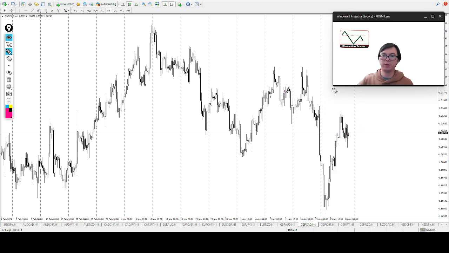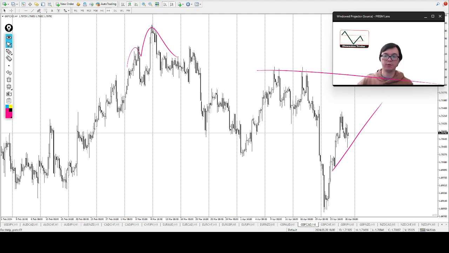Let's put it another way. If we draw a trendline right here, nothing matches up. So this pair could have a high possibility of moving up more till they hit the major resistance right here.